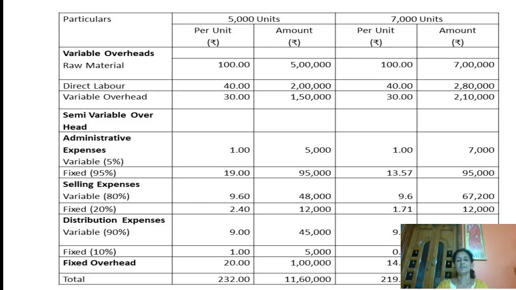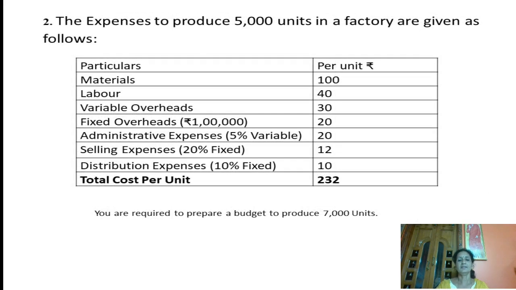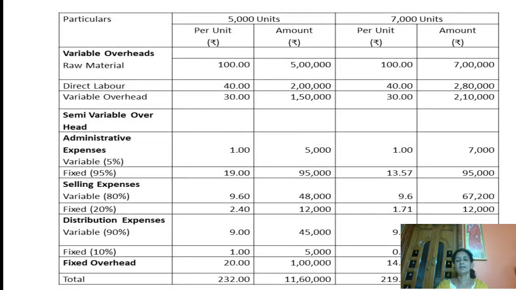Next, they have given fixed overhead. Refer to the previous slide. For fixed overhead, they have given us 1 lakh amount and per unit is 20. Fixed overheads amount within brackets they have given 1 lakh. So you have to take that 1 lakh for both levels of capacity, both for 5,000 as well as 7,000.